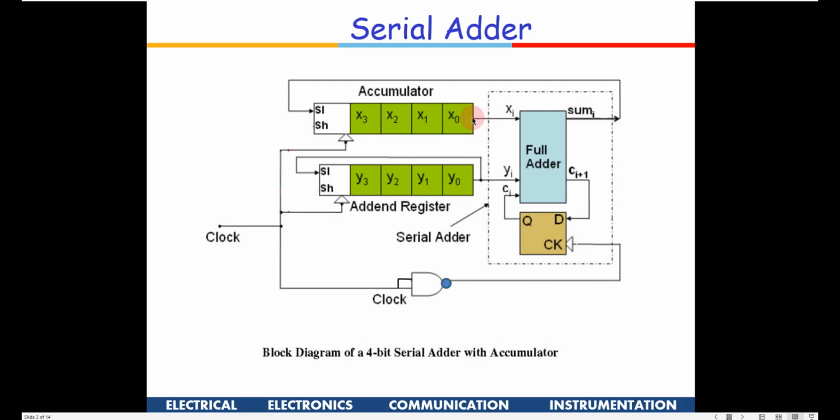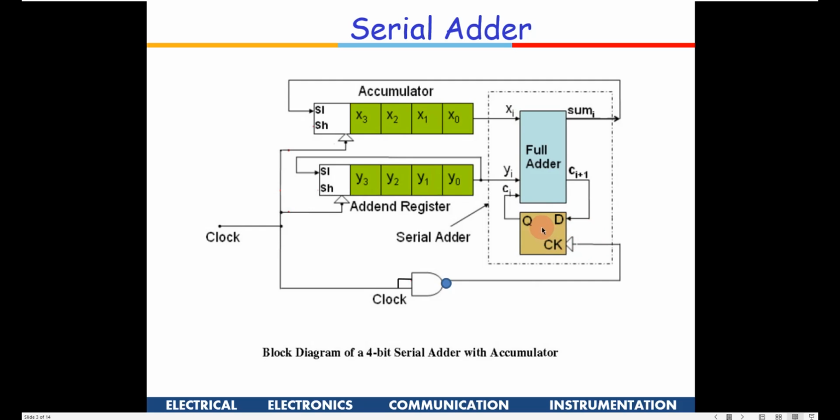Initially I am feeding x0 and y0. So this full adder will add x0 and y0, and the carry will be generated here, and that is given as carry in for the next stage. So initially it will add these two, and then I give a clock.